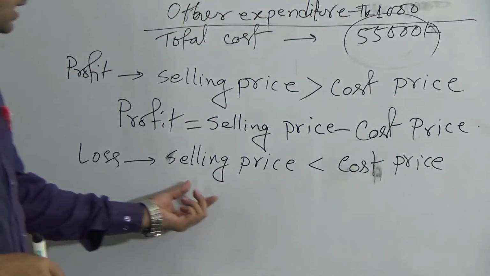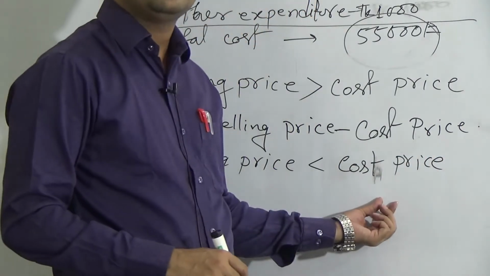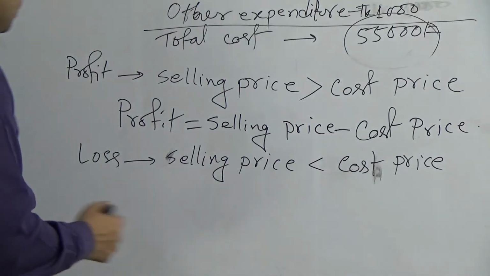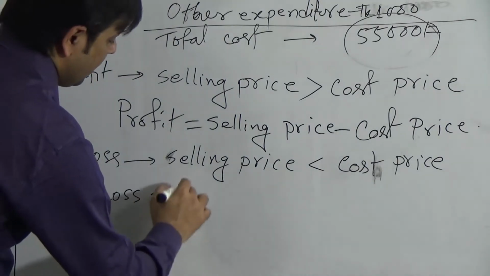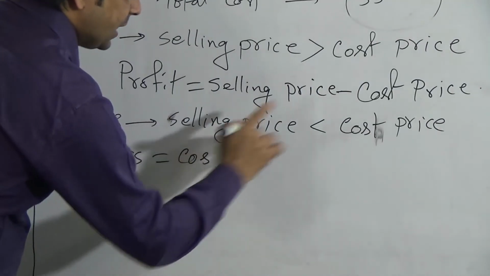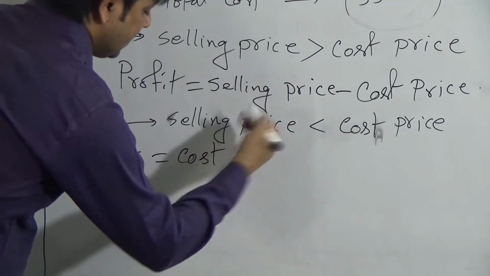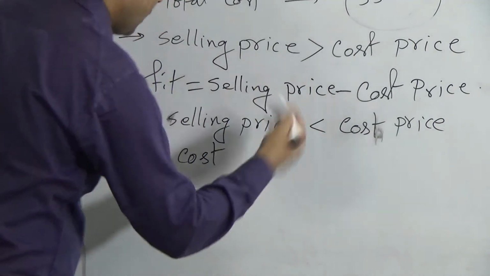So, the formula for loss will be: loss equals cost price minus selling price, as the cost price is larger, so we have to subtract the selling price from the cost price.